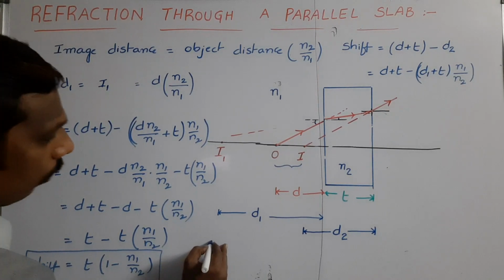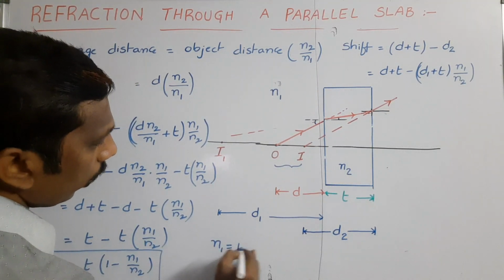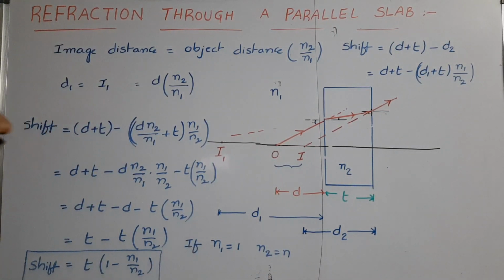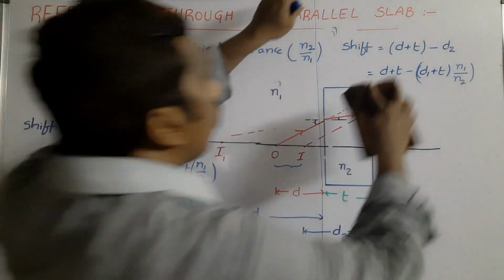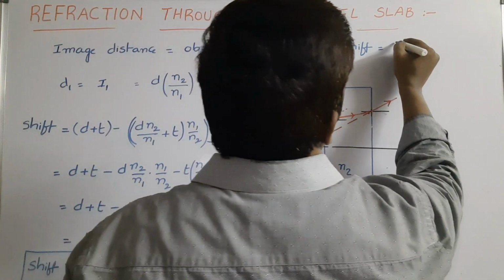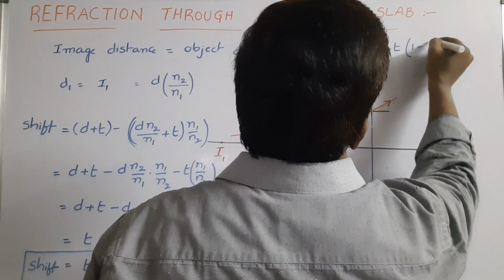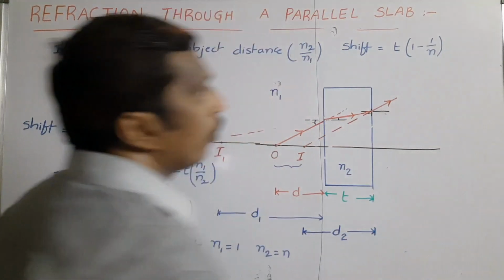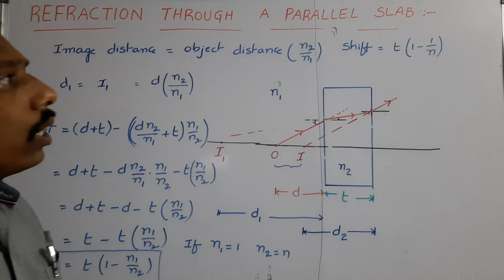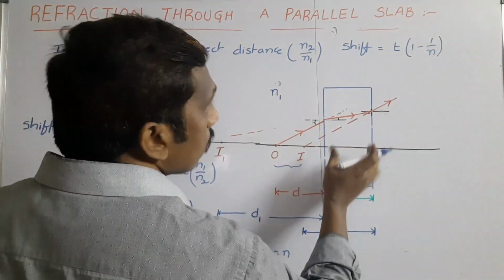Suppose N1 is equal to 1 and N2 is equal to N. Then finally shift is equal to T into 1 minus 1 by N. From this formula, sometimes they may ask for the thickness of the glass slab.